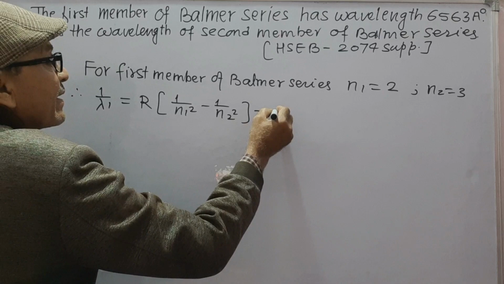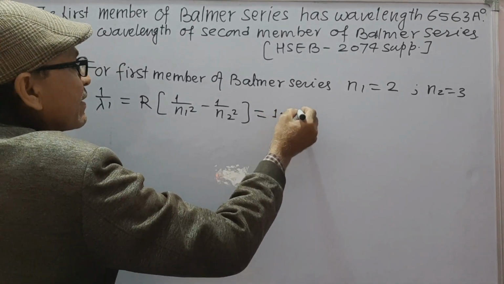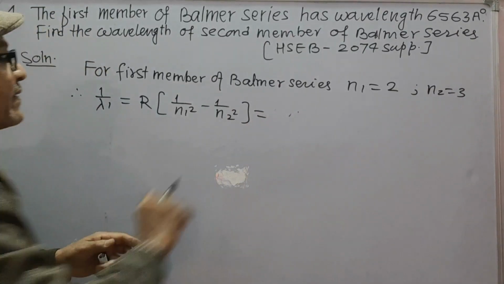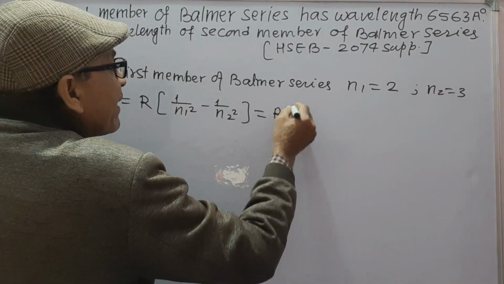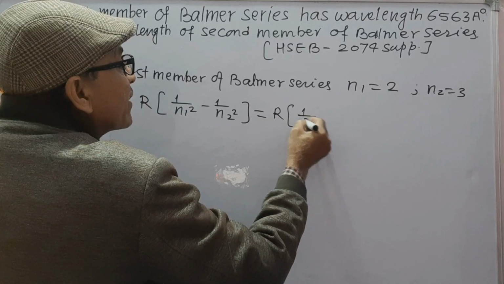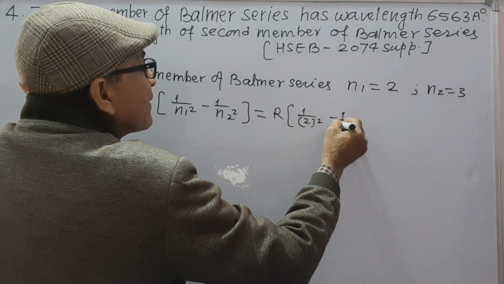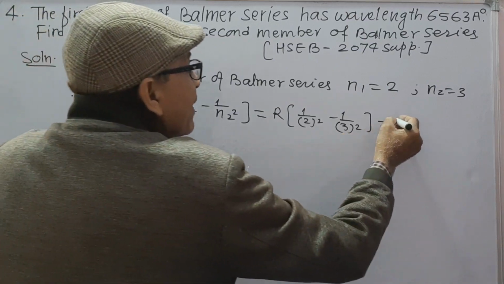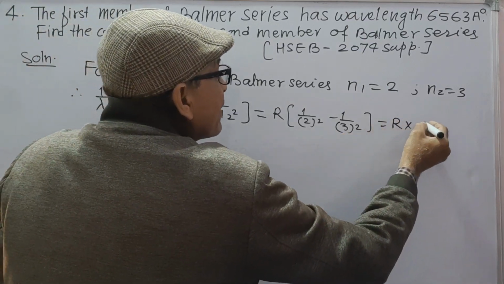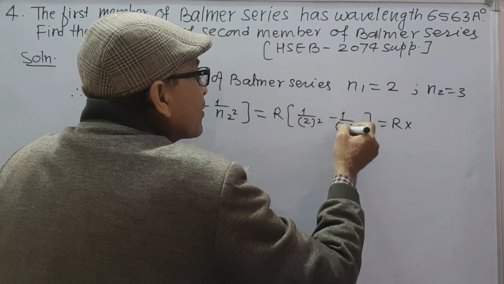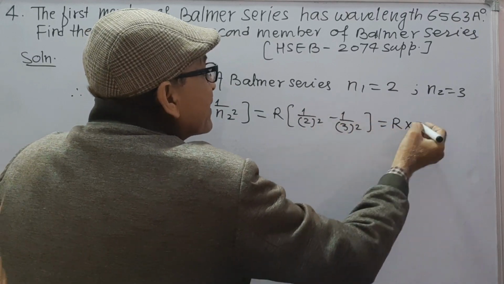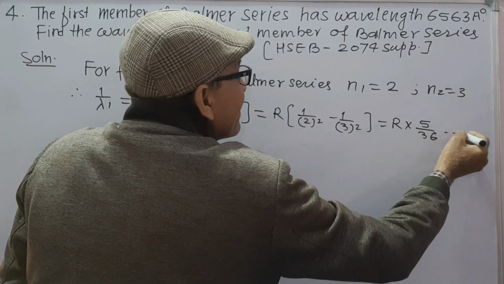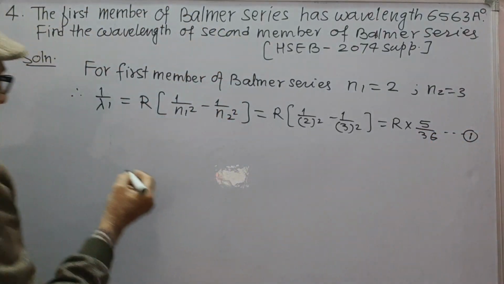This is R into 1 upon 2 square minus 1 upon 3 square, which is R into 9 minus 4 upon 36, means 5 upon 36. Call this equation 1.